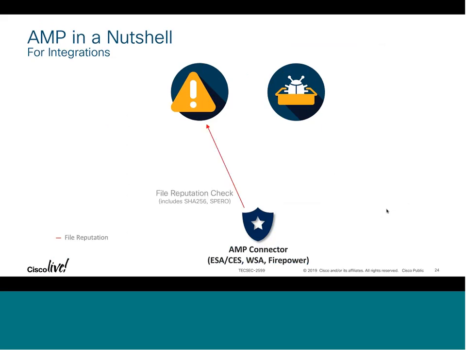Now, just to look at this process in a little bit more detail, when AMP sees something like a file come in, there's a lookup of the hash and a reputation check. What comes back is one of three possibilities: good, bad, unknown.